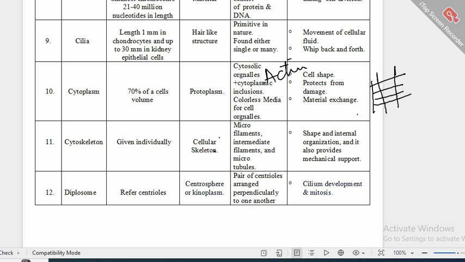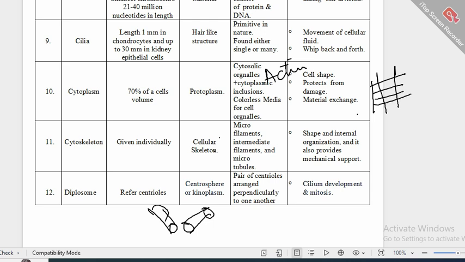So next is diplosome. We will be seeing its measurement in centrioles. The centrioles are long tubules arranged perpendicular to each other, and that arrangement is known as a diplosome. It is also known as centrosphere or kinoplasm. It helps in cilium movement and mitosis.